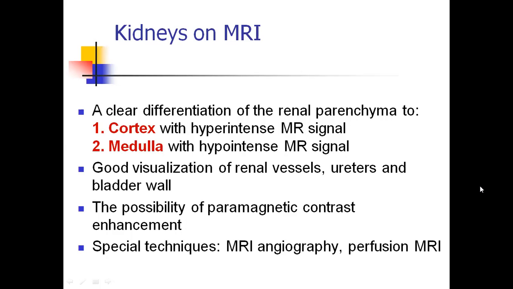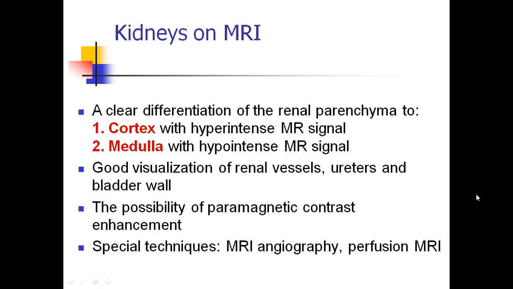Kidneys on MRI present a clear differentiation of renal parenchyma into cortex and medulla layers. Cortex produces a hyperintense magnetic resonance signal, and medulla, on the contrary, a hypointense MRI signal.